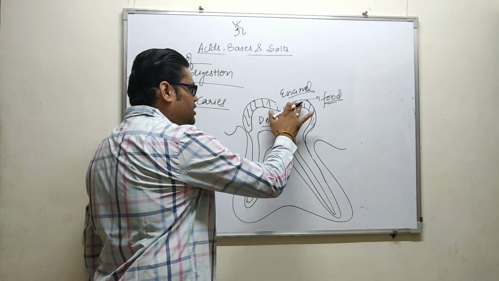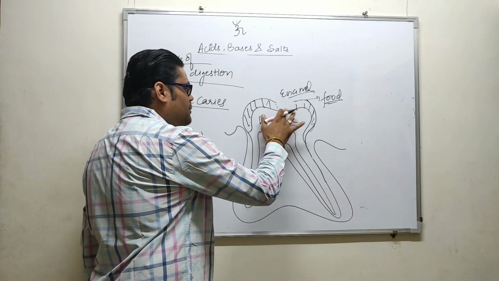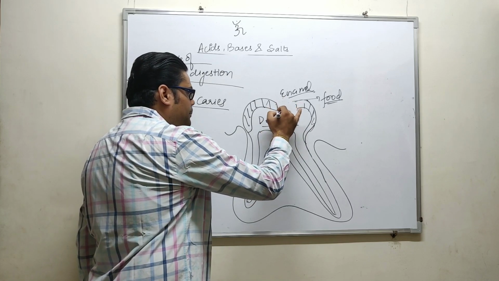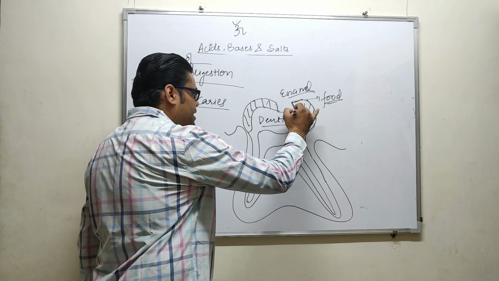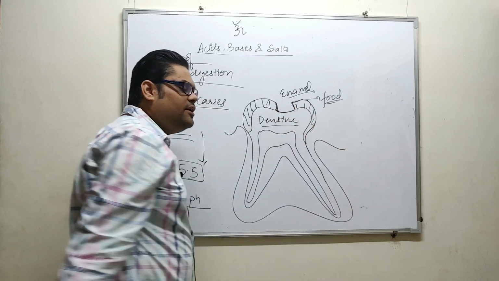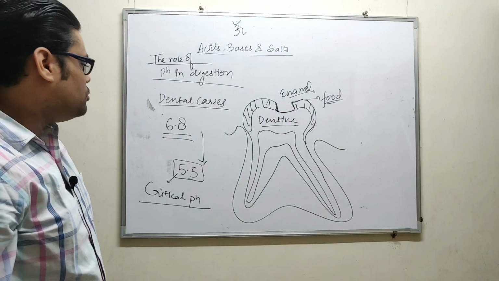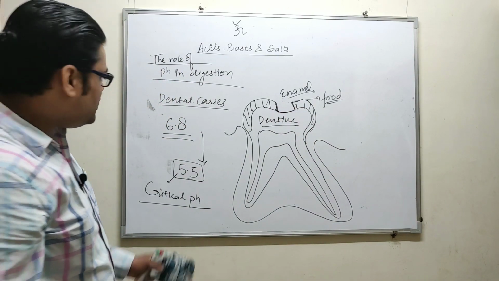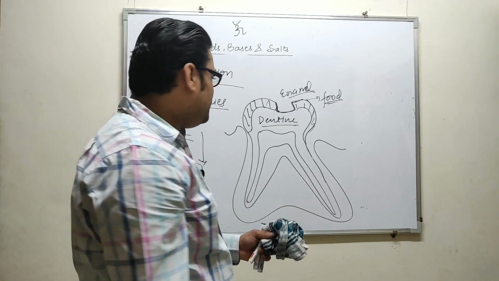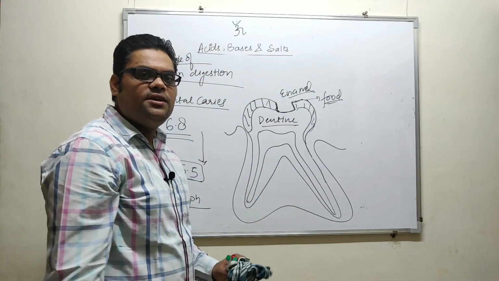This weakening of enamel causes pit formation. This is cavitation or dental caries. So as the pH falls below 5.5, which is the critical pH, the dental caries starts.